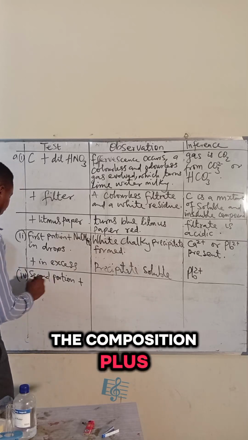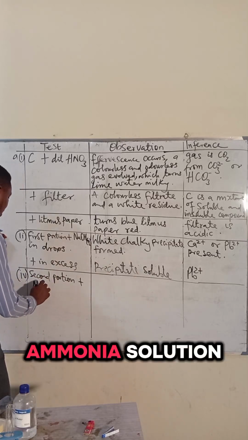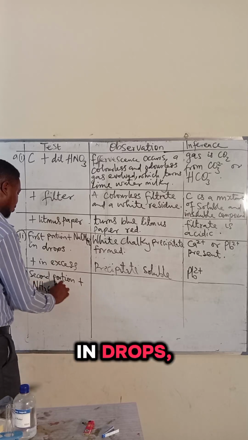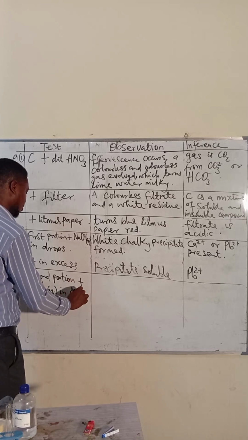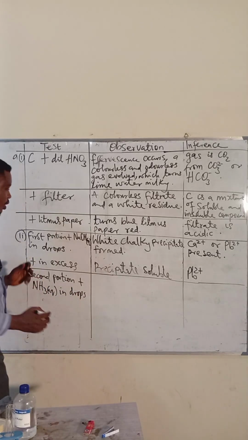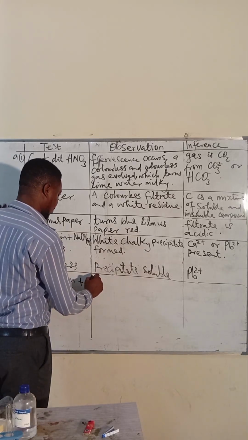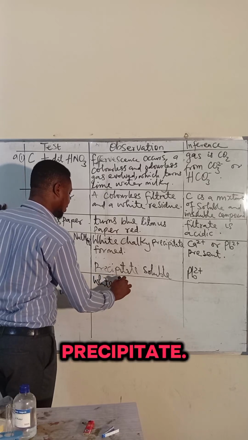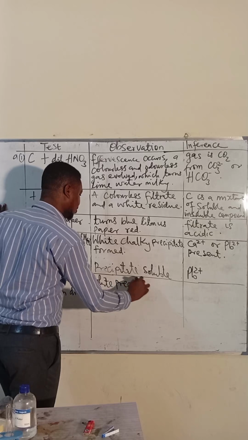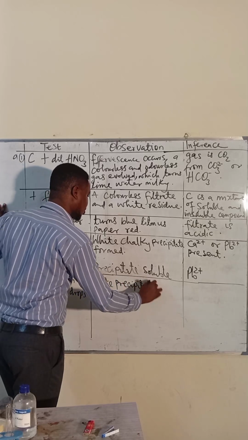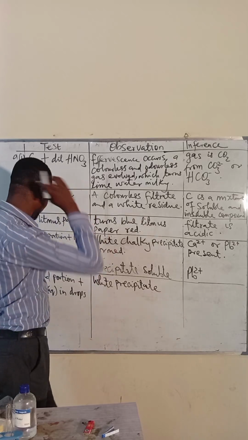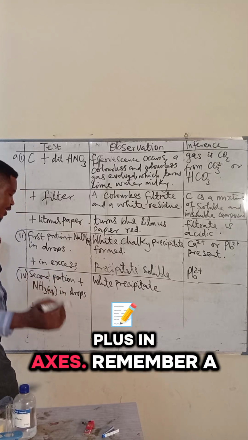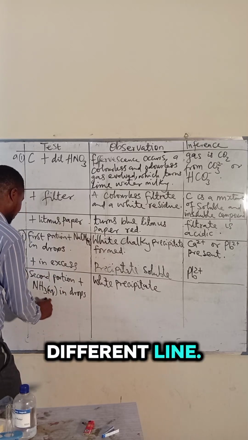Second portion plus ammonia solution in drops. Then we have white precipitate. Plus in excess, remember a different line.